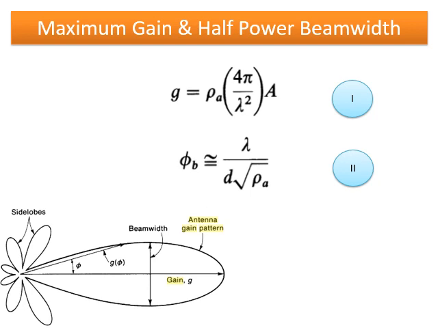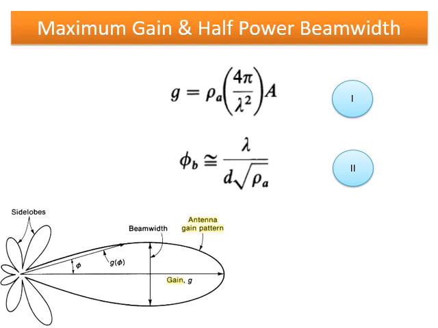D is the cross sectional diameter of that material. Rho a is the antenna efficiency factor. This rho a is dependent on the type of antenna and on how the antenna aperture is electromagnetically illuminated.